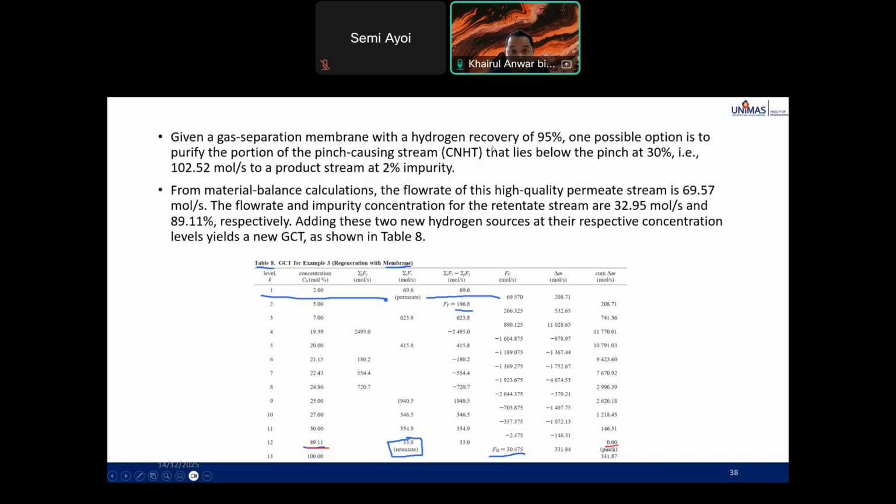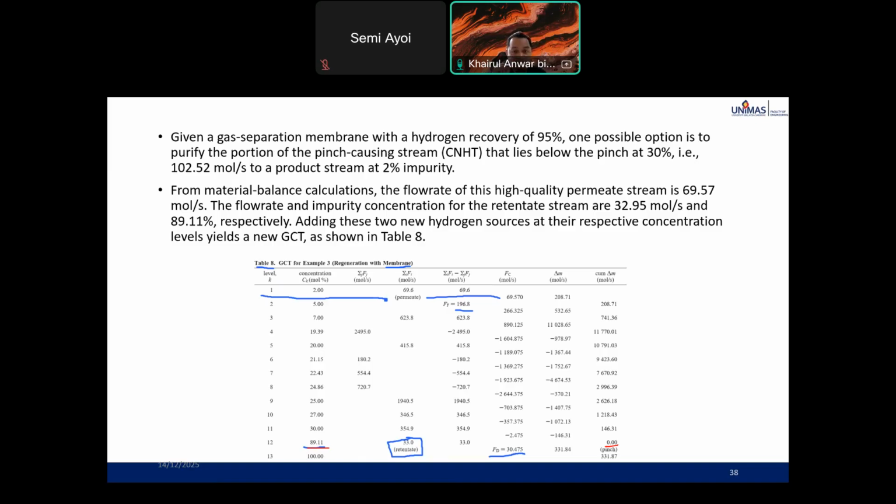So for this, we start with membrane and PSA, so we see the difference. For this pinch-causing stream that lies below the pinch at 2%, 102.52, if you refer to table 7, it is below the pinch.